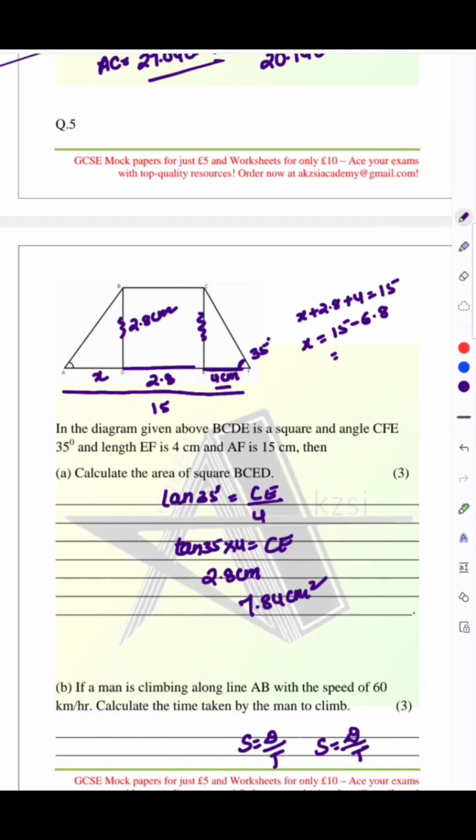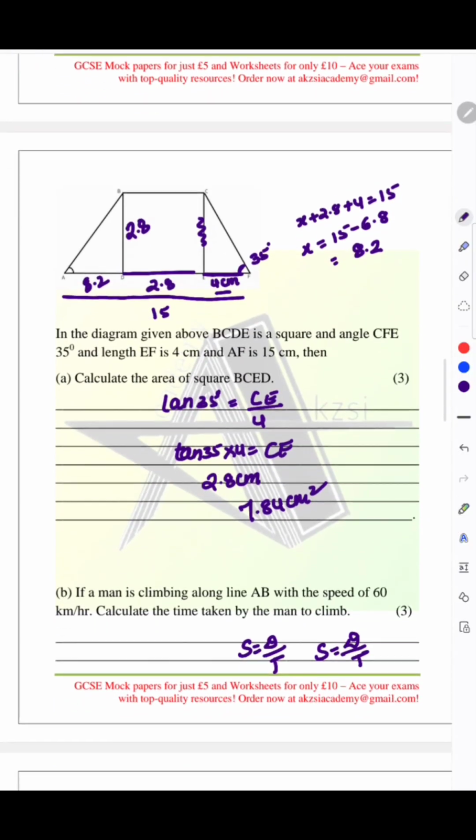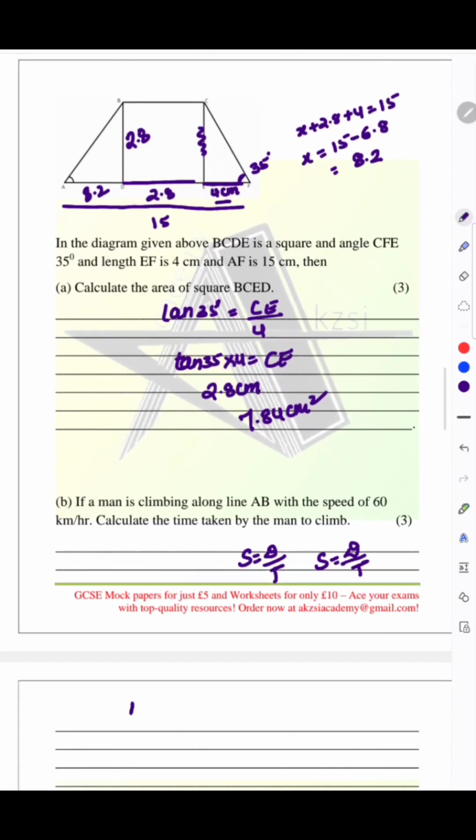So finally you'll get the answer as 8.2, and this is 2.8. So now we can easily calculate using Pythagoras. I can say AB squared is equal to 2.8 whole squared plus 8.2 whole squared.